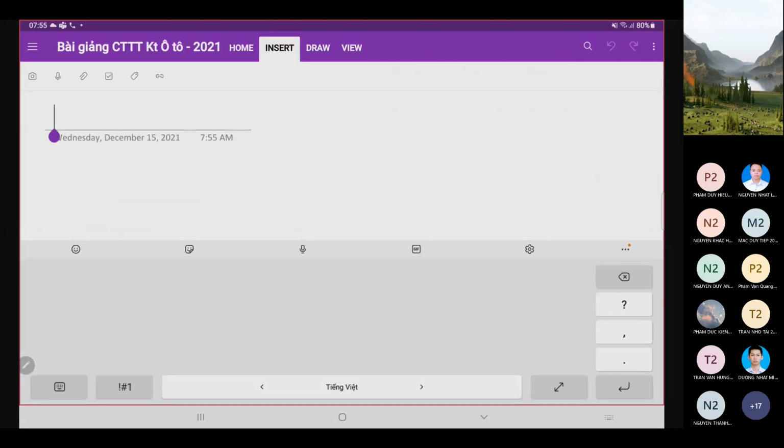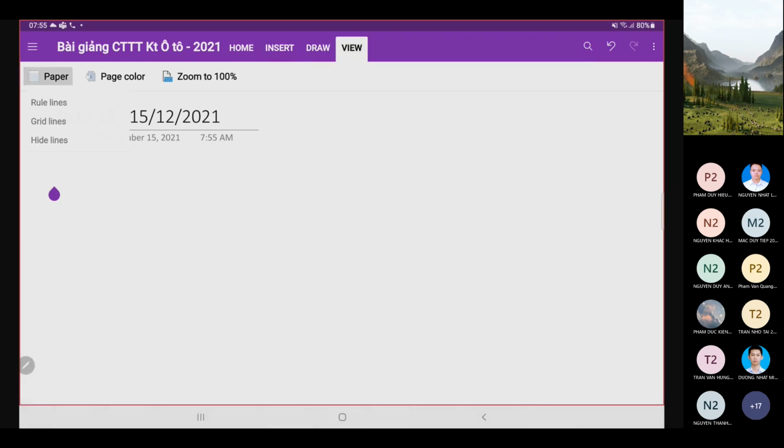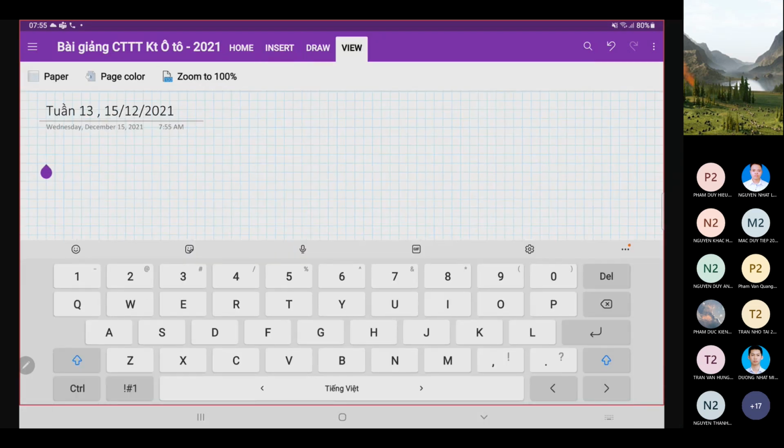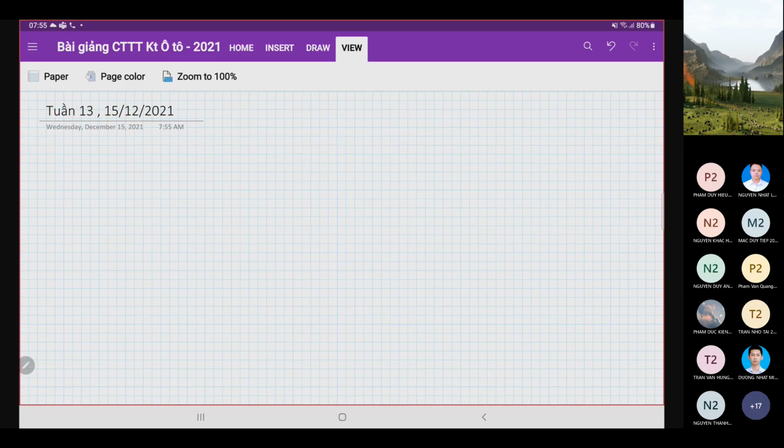We have week 13. Today is the 15th, correct? Yes, right. Now we try to use the frequency response of the system in order to analyze the stability of the system.